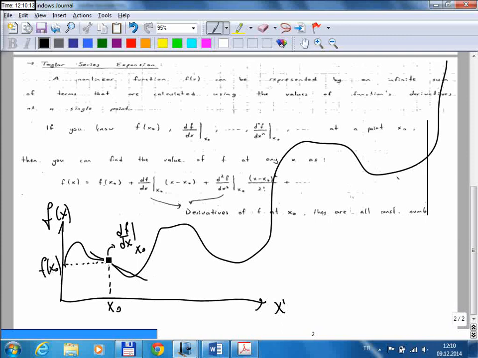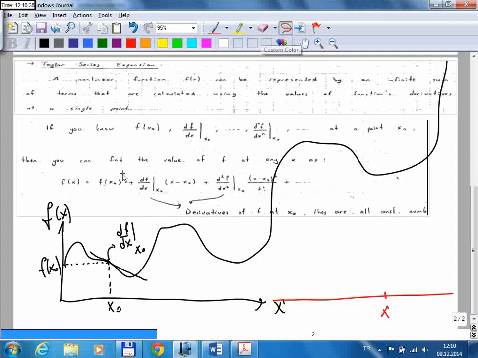And if you have all these values, then you can write this series. And this series tells you that the value of the function at any point besides x0, so let's say x is chosen somewhere here, so this is the x point, can be constructed using all the values at the x0 point. So you take the value at x0, f(x0), and then you add to it the value of the first derivative times x minus x0, where x minus x0 is this distance, right?